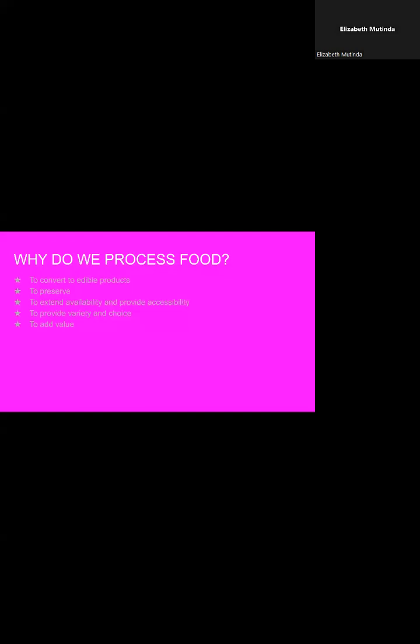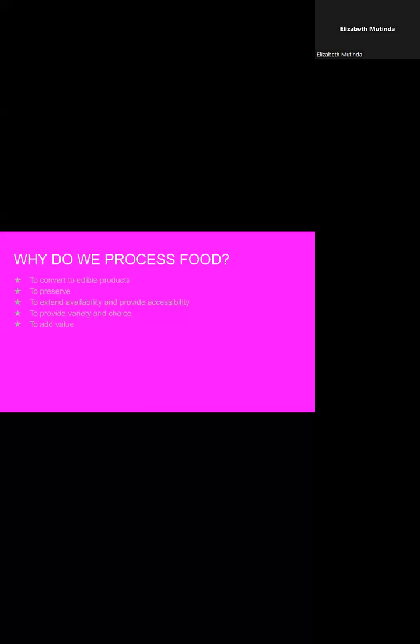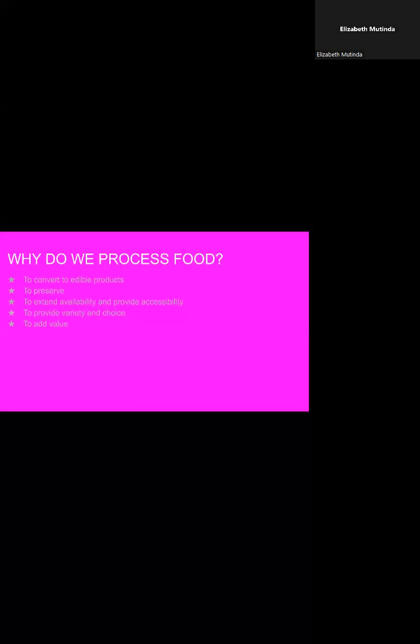And then I know you are asking yourself, why do we process our food? And we process our food for various reasons, to convert it to edible products, to also preserve the food, to extend availability and provide accessibility. We are also trying to provide a choice and variety for the consumers. Also, we are doing what we call a value addition as we process the food.